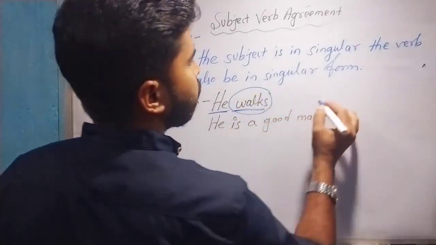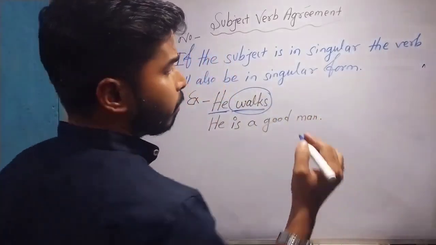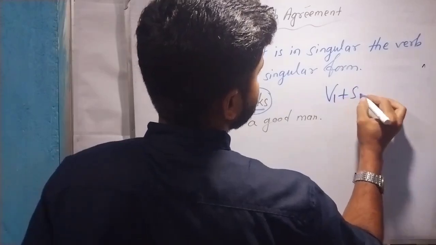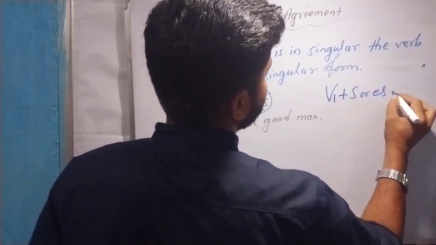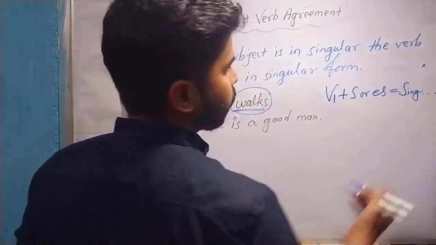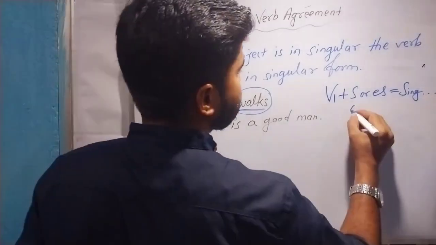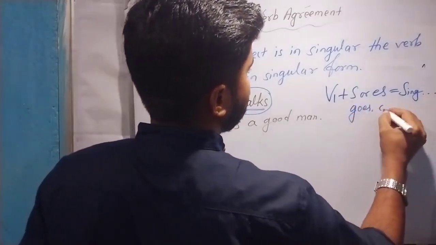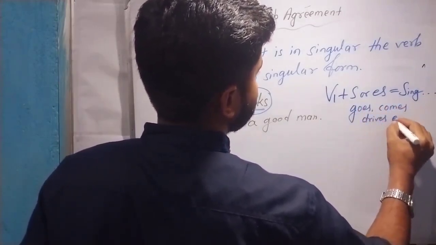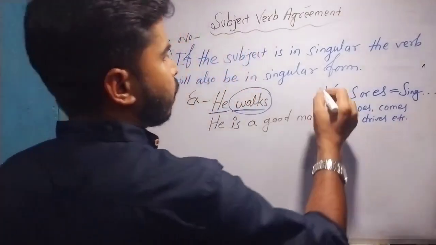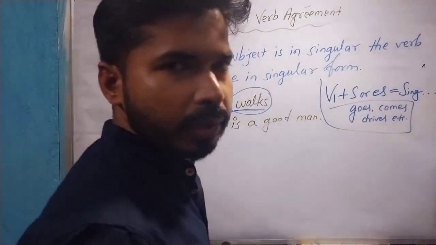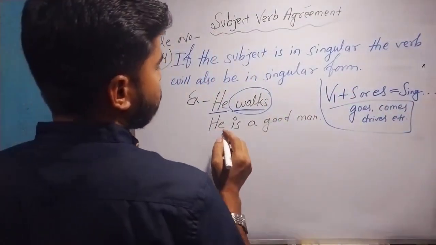I have already told in my first video that v1 plus s or es is equal to singular, for example goes, comes, drives, etc. So these are the singular verbs, not plural.